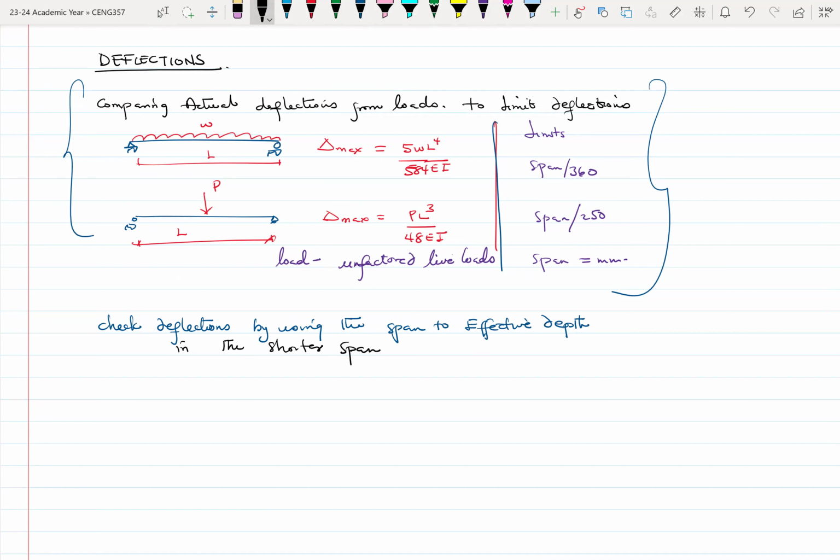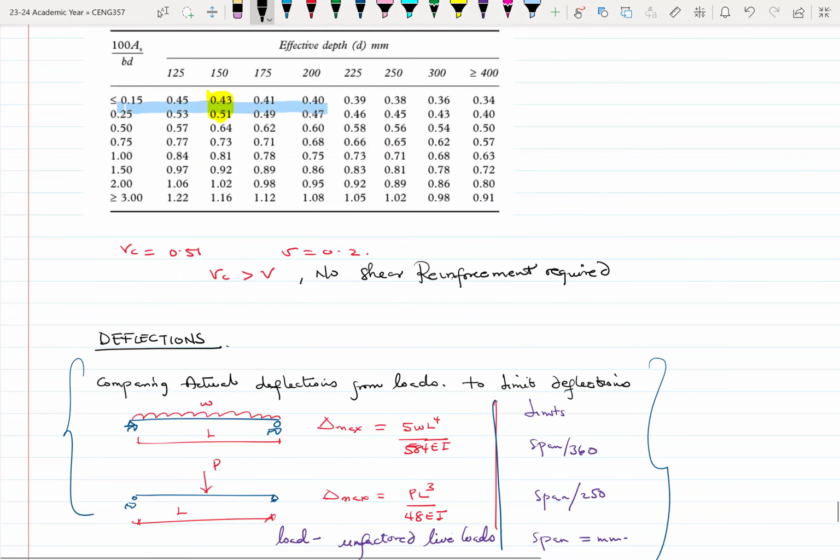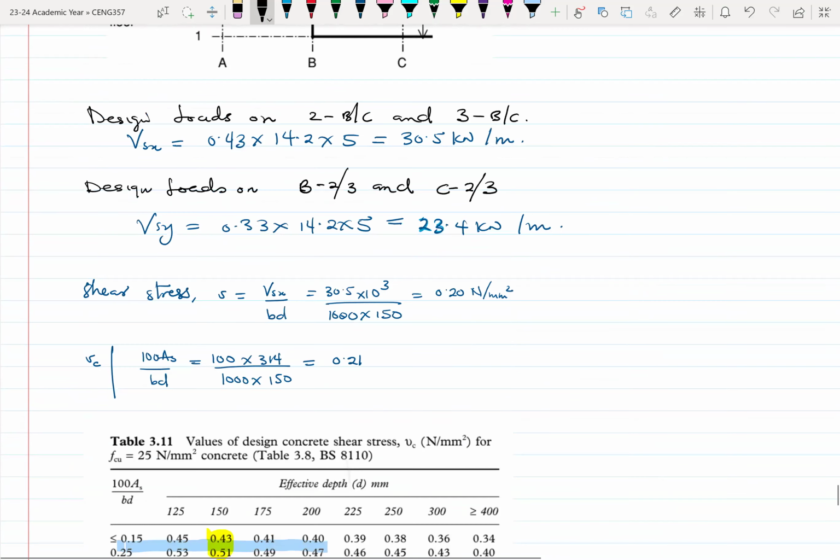So let's calculate the actual ratio: the actual span over effective depth. The span for the shorter side will be 5 meters.